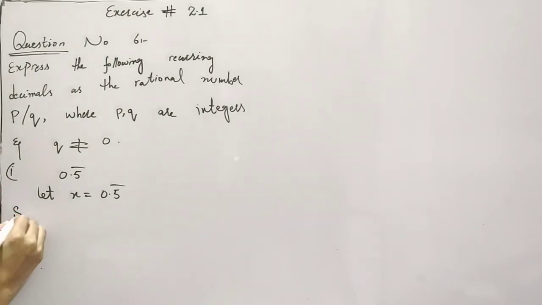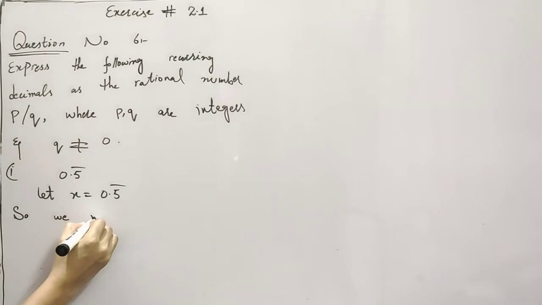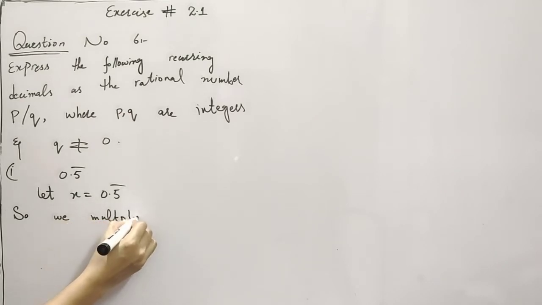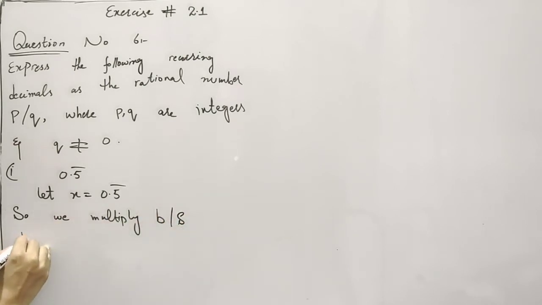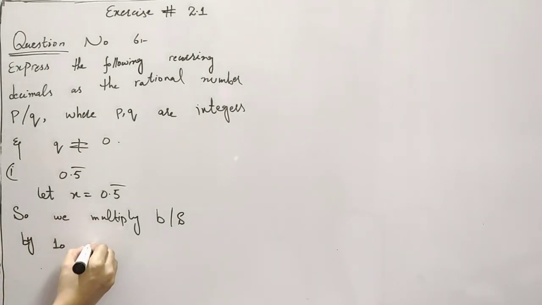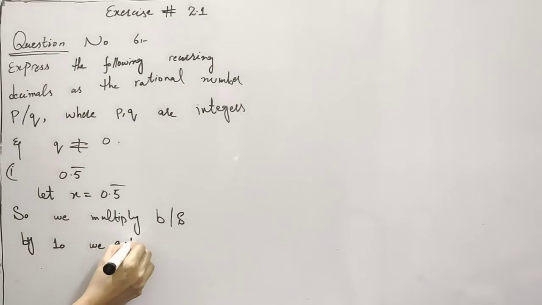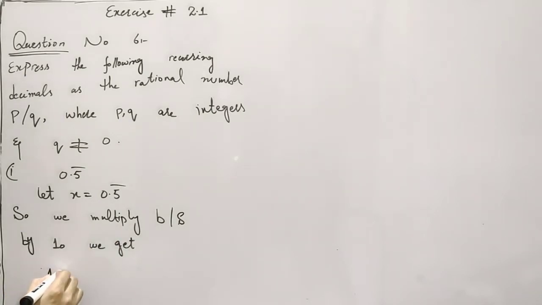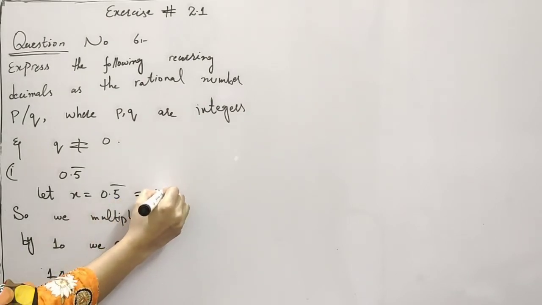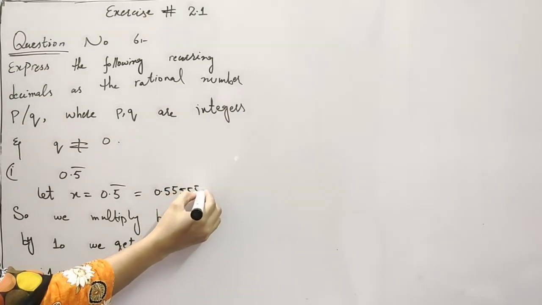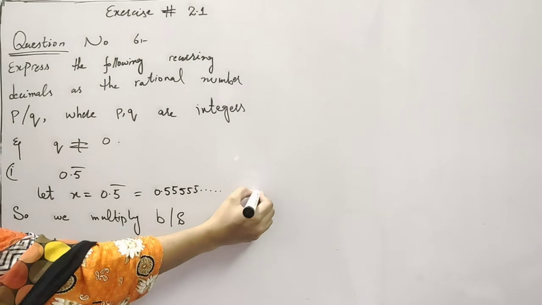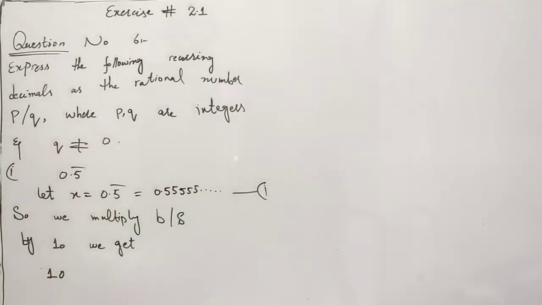So we multiply both sides by 10. We get 0.555 and so on. Call this equation number 1.